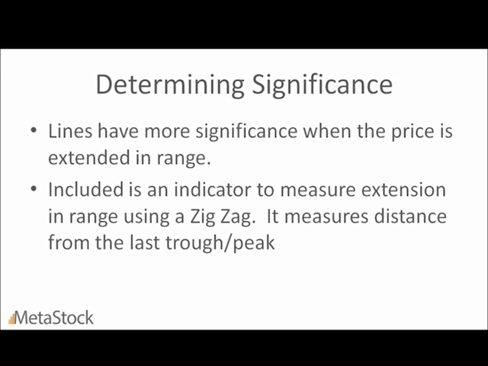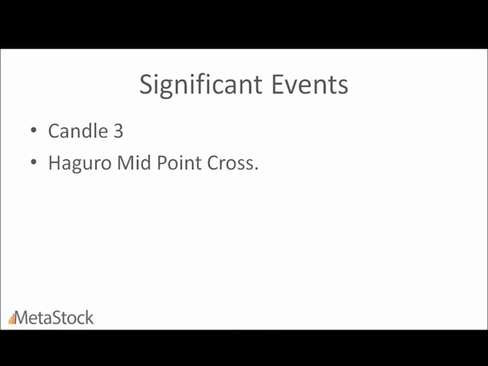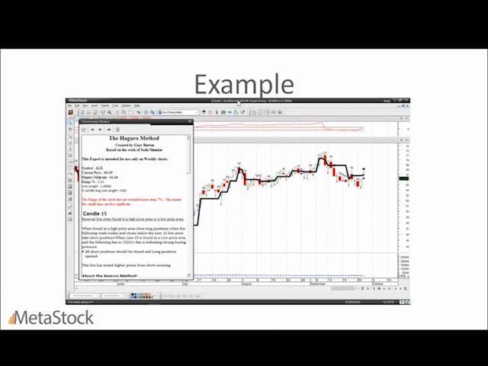It's going to take a look at specific pivot candles. In other words, if we're starting to go to the downside or if we're reversing, etc. And it is also going to have a zigzag indicator to measure the distance from the last trough to peak. So what this is doing is it's actually going to establish the significance of the candle and the power of that candle and how much weight you should carry moving forward looking at the signal.